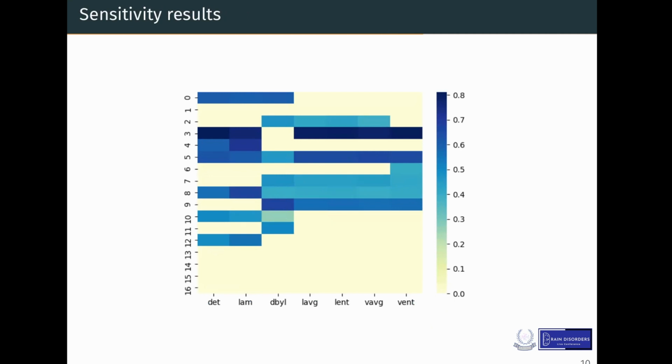So each number 0, 1, 2, 3, etc. refers to one of 17 individuals who experienced a transition. And on the x-axis, I have the different quantifiers I'm looking at: the determinism, the laminarity, determinism over laminarity, the average, the entropy, and the average and entropy of another line distribution.